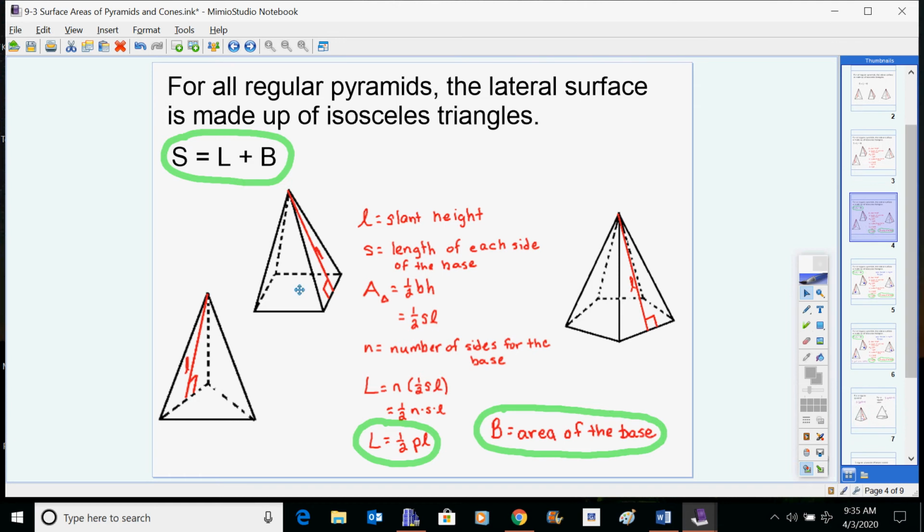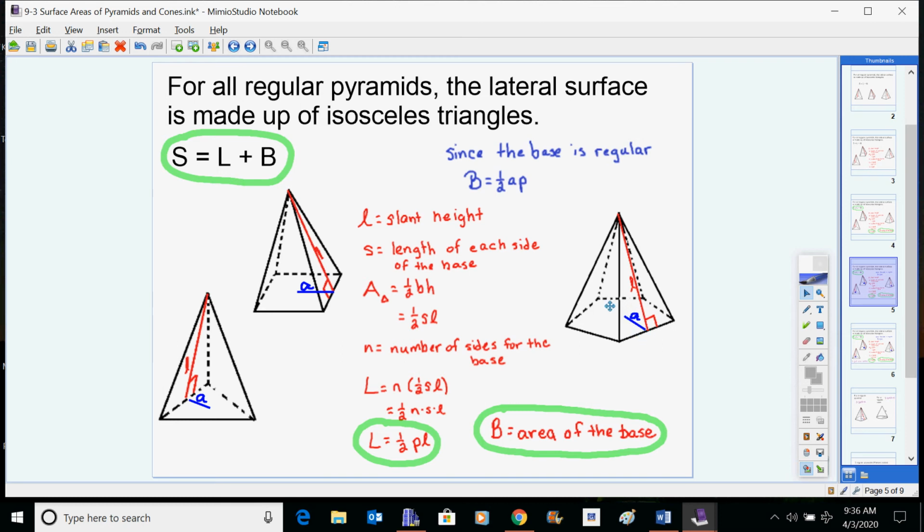Now squares are kind of easy to find the area of the base, but for the others, a lot of times what you'll be given for this type of problem is the apothem. And the apothem, if you'll remember correctly, is not up in the top of the pyramid, this is down in here. It goes from the center of that regular polygon right out to the side, right in the middle.